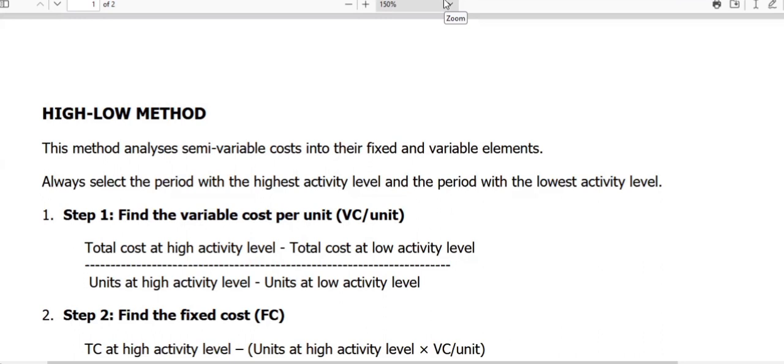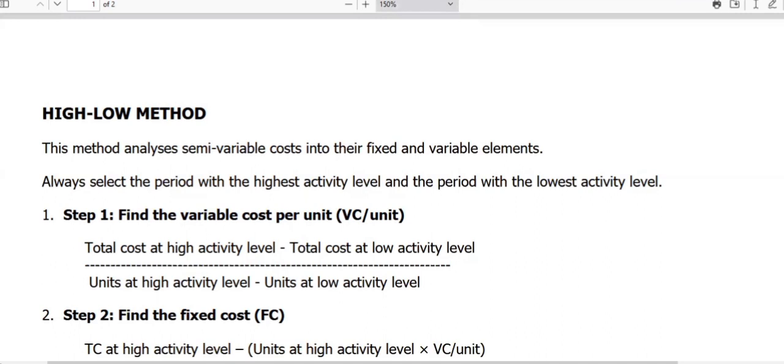The first step is to compute the variable cost per unit. For you to compute the variable cost per unit, you need to get the total cost at the highest activity level minus the total cost at the lowest activity level, over the units at the highest activity level minus the units at the lowest activity level.